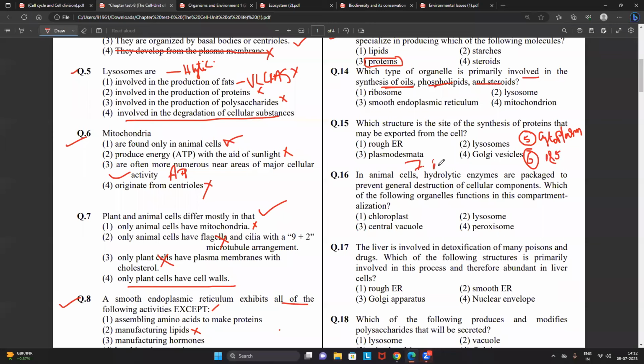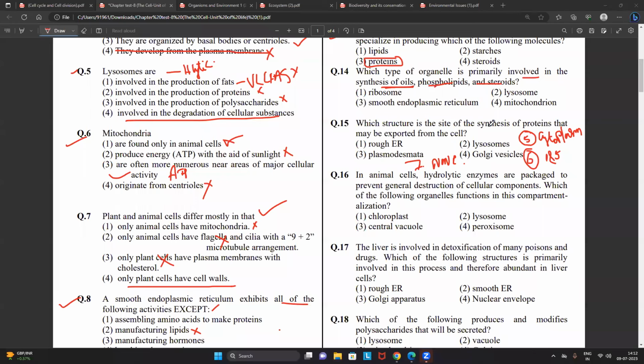Option 7, none of the above. What will be the answer? Once again, think and answer the question.